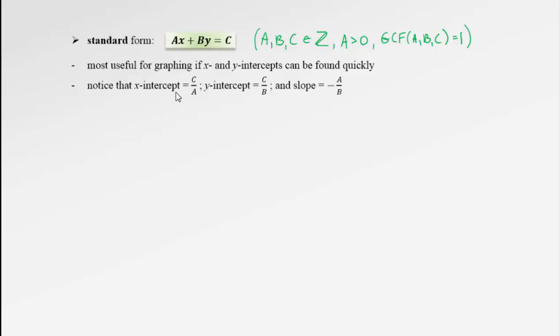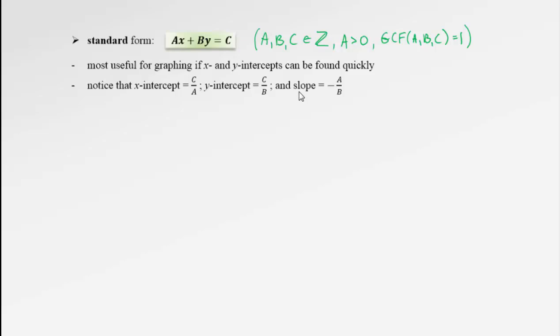Why? Because if we want to calculate the x-intercept, then we replace y by 0, so this part disappears, and x is c over a. So if c over a can be easily calculated and plotted, then it's worth going for this method. Also, the y-intercept is when x is 0, so this part disappears and y can be calculated as c over b. Again, if this fraction is nice, then it's worth taking the y-intercept and plotting it.